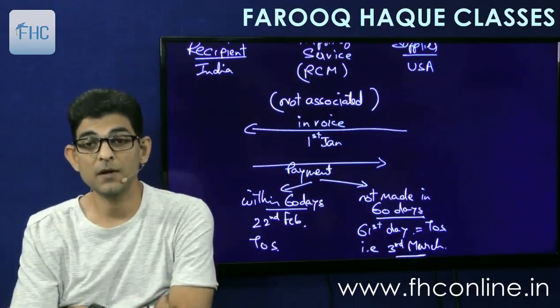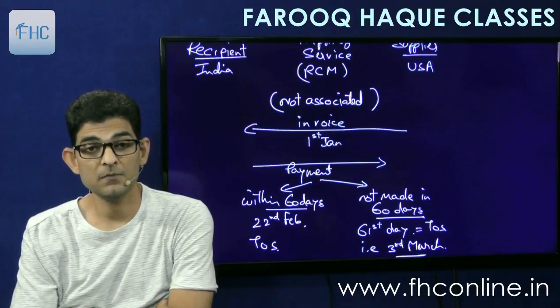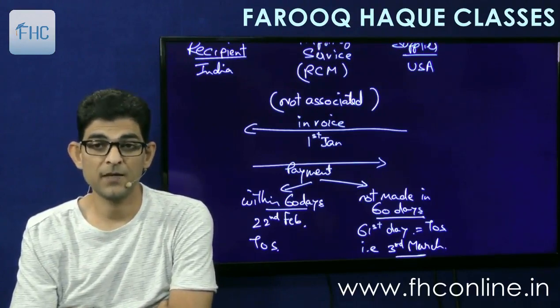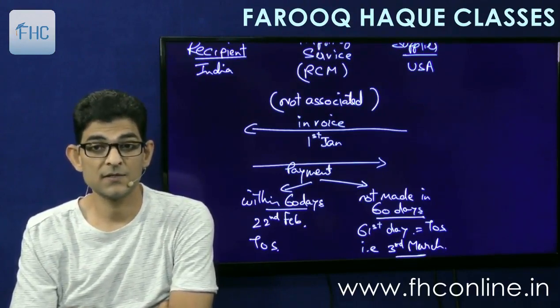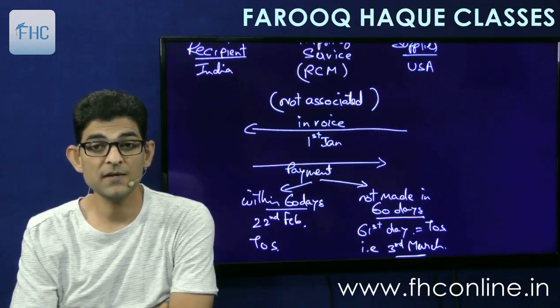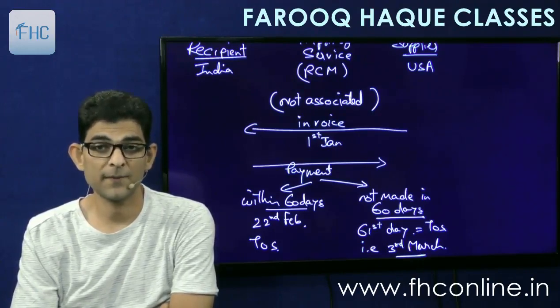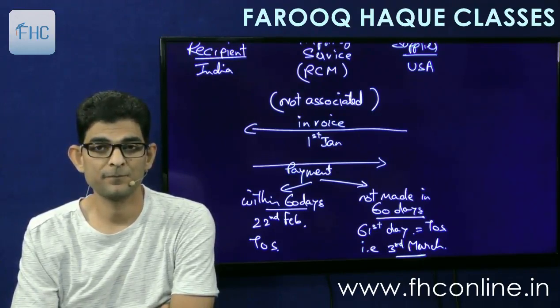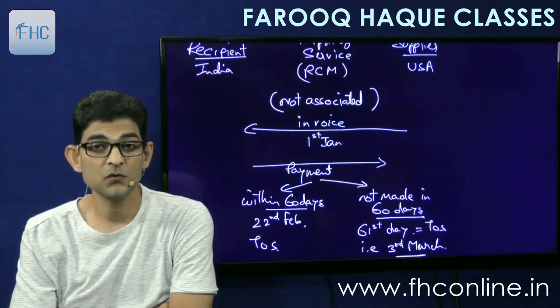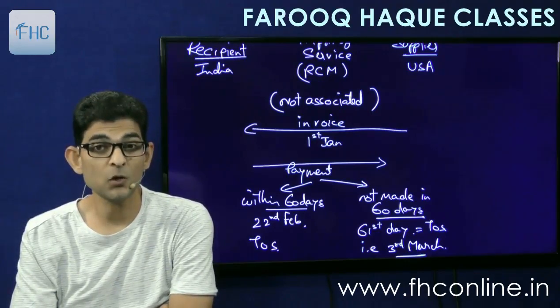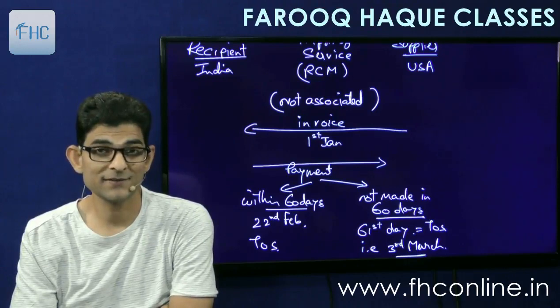So 3rd March will become the time of supply, expiry of 60 days. So 61st day is the time of supply. Okay, so this is the normal case where they are not associated to each other.